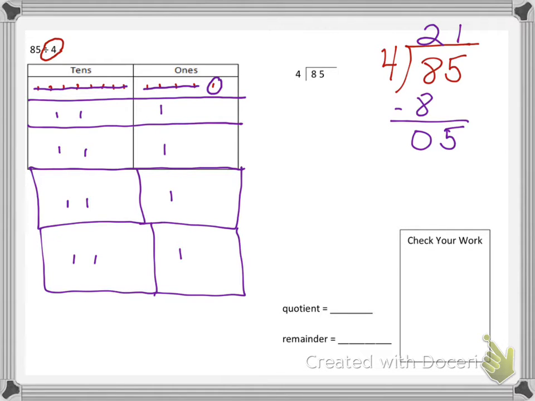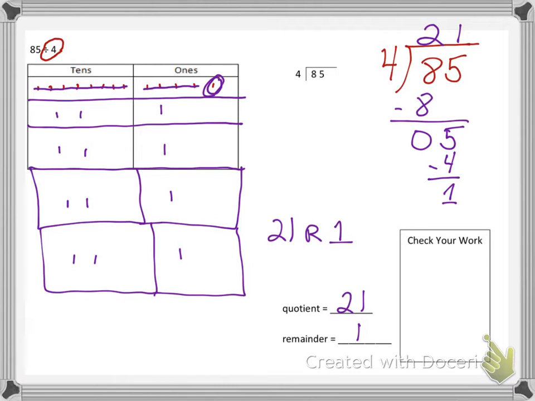So we're going to put a 1 here. 1 times 4 is 4, and we have a remainder of 1, just like we have over here. So it's 21, remainder 1. Let's write that.